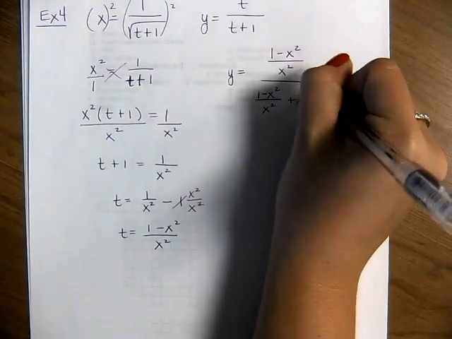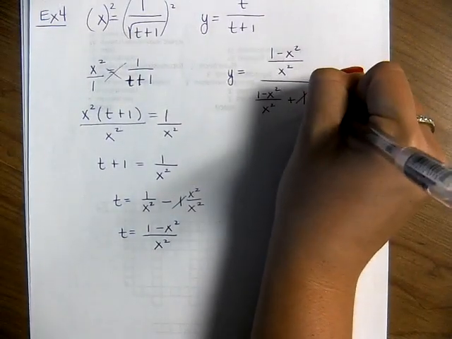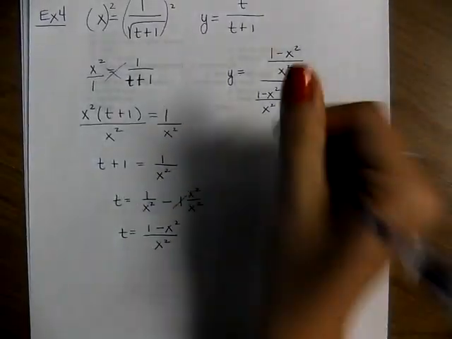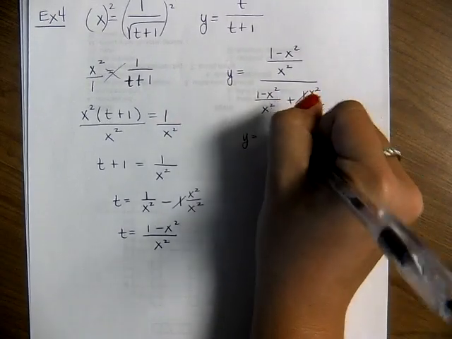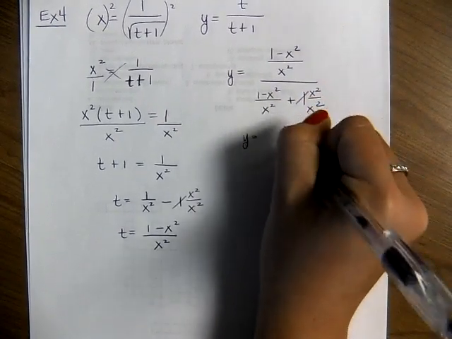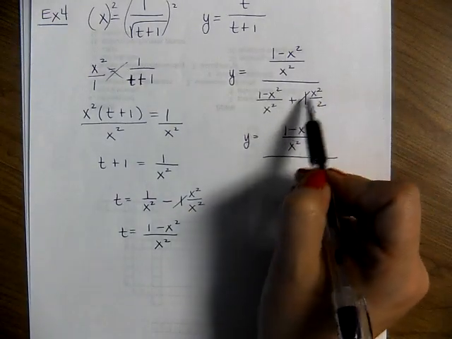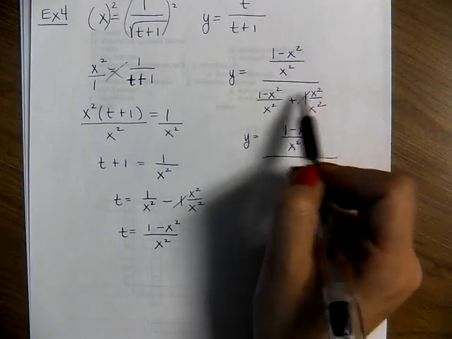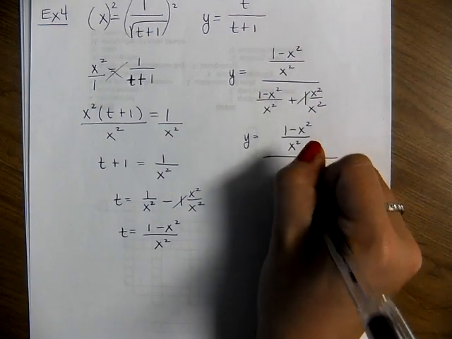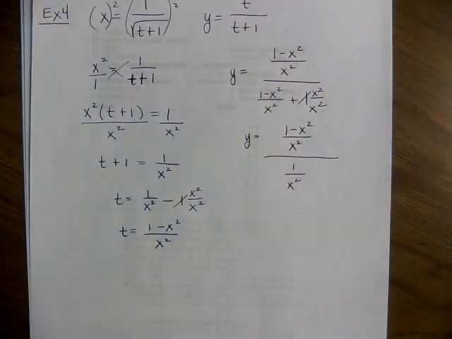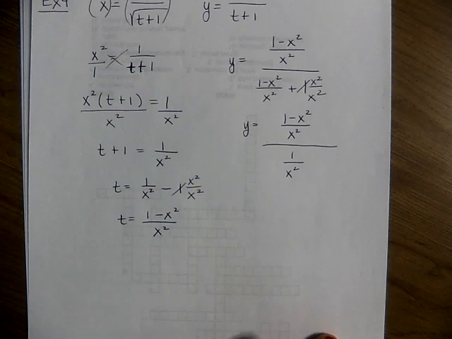You could, so we could get a common denominator in the denominator. So then this would be y equals 1 minus x squared over x squared in the numerator. And then in our new denominator, when we combine, our x squareds would cancel, and I would have 1 over x squared. So that already looks a lot nicer.